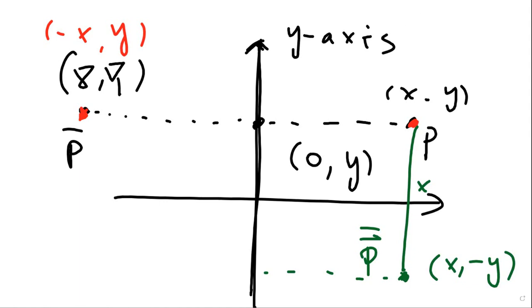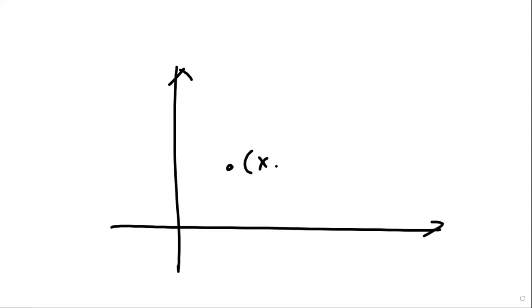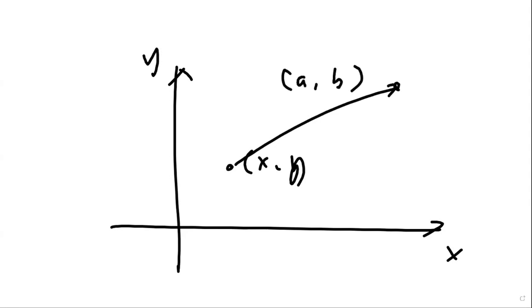Now next one, let's do a translation. Let's assume that right now I have a point that is xy. Now I take a movement, driving a distance going this way by a, b. What would be my big X and big Y here? This one is pretty simple.